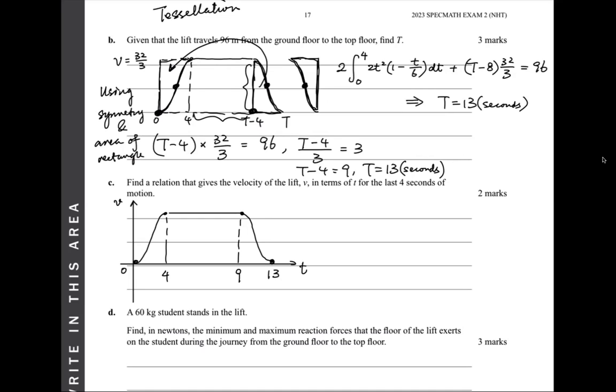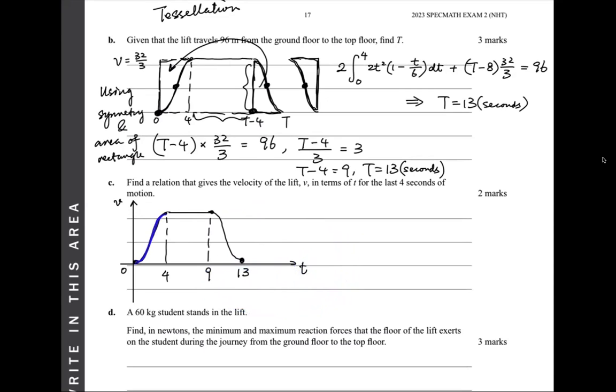Of course, it's not perfectly to scale. If it was to scale, it should look like this. Now, the idea, we do want to make sure this part of the graph, let's label this in blue.